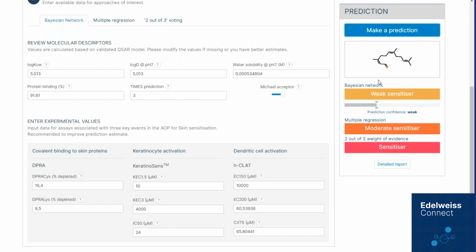Note that Bayesian network now has weak confidence in the prediction, and the reason is that we have disagreements between in vitro assays that are provided as input. Partly these inputs are supporting that the compound is a weak or moderate sensitizer.